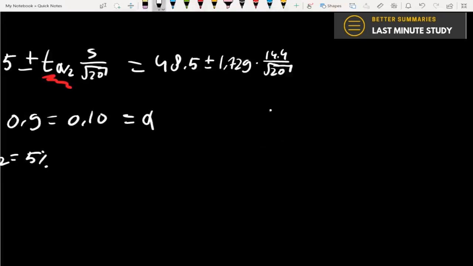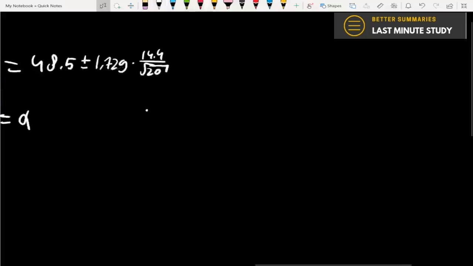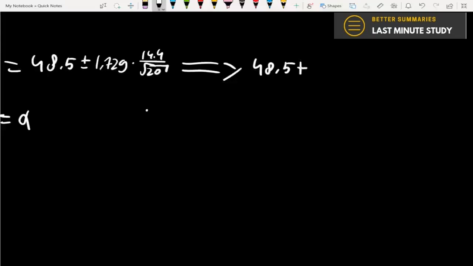All right, so this follows that 48.5 plus 1.729 times 14.4 over the square root of 20. This is going to be 53.9.